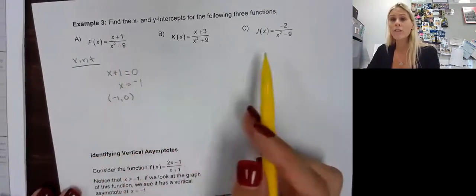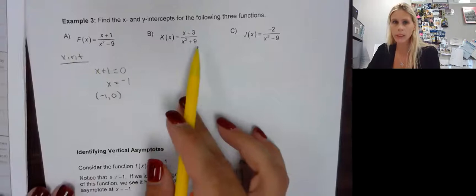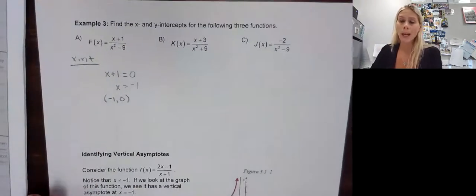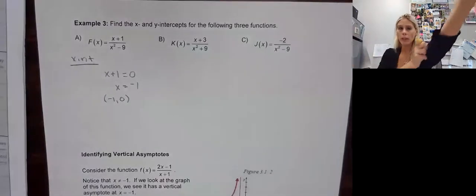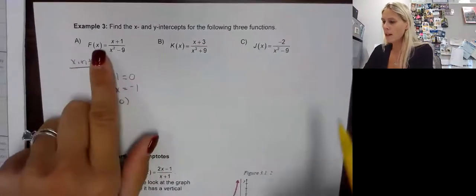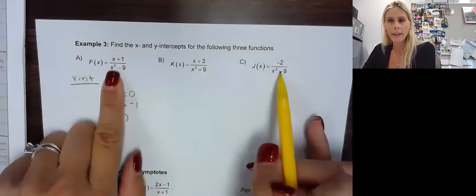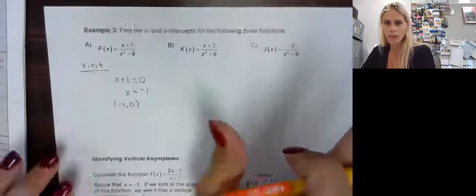Remember, these two are the same functions as on the other page. So remember in F here, and in this new G, because it's the same thing, we're not including -3 and 3. So we'll just be careful of that.